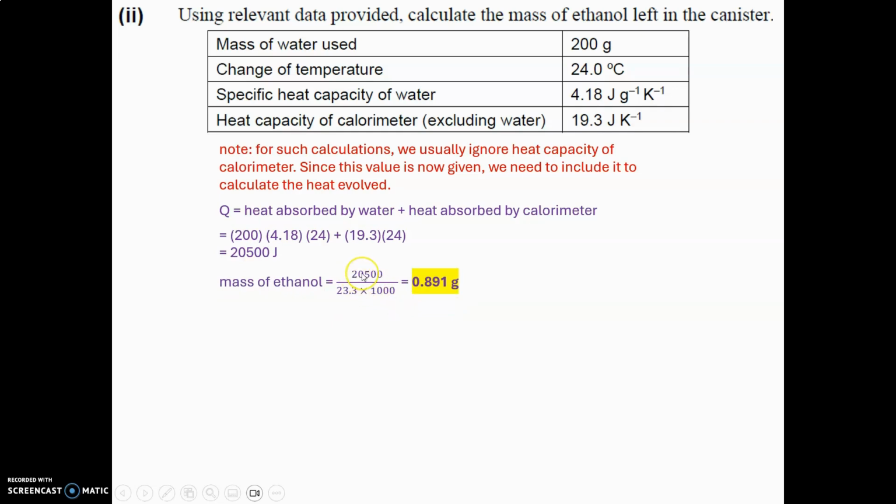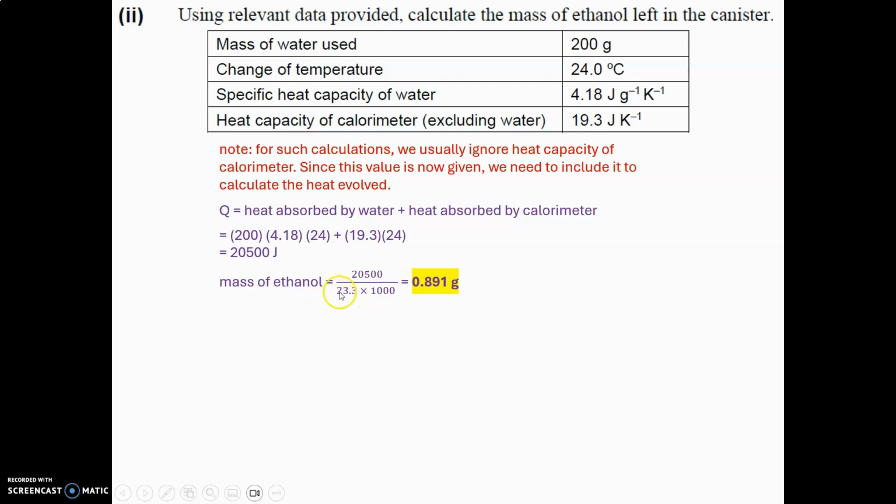So since we have found that the energy released is 20,500 joules, and we are given the value early in the question which states that burning 1 gram of ethanol releases 23.3 kilojoules of energy.